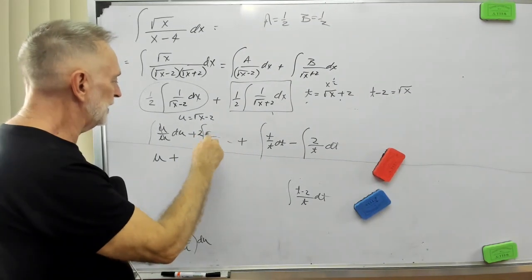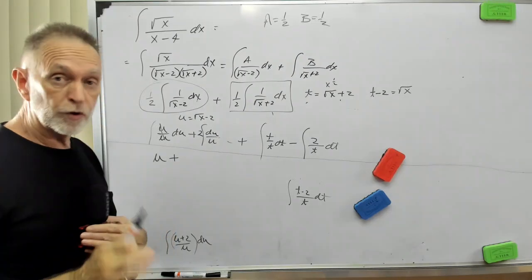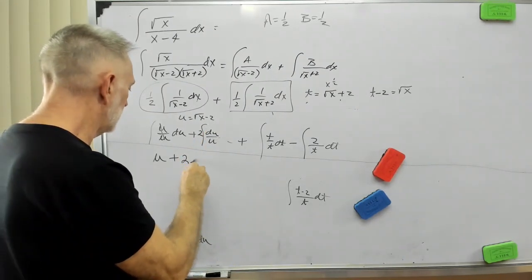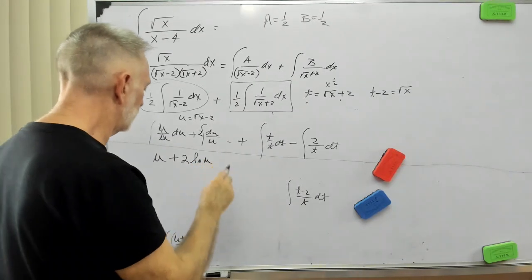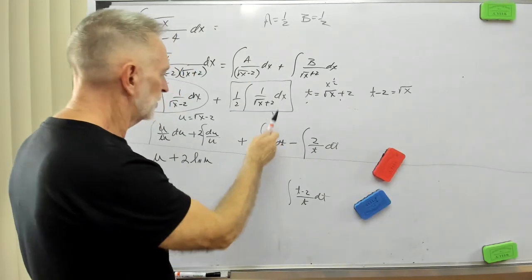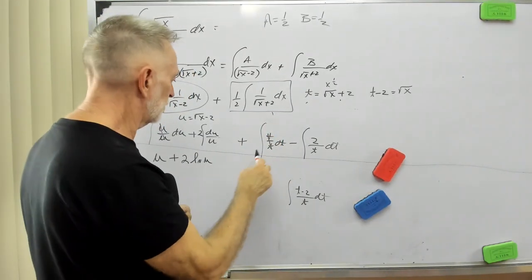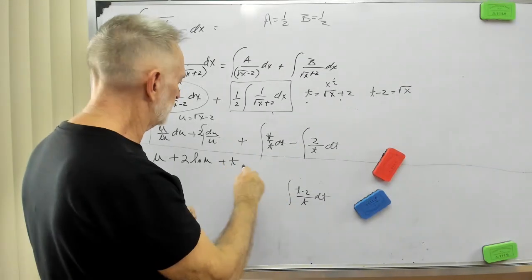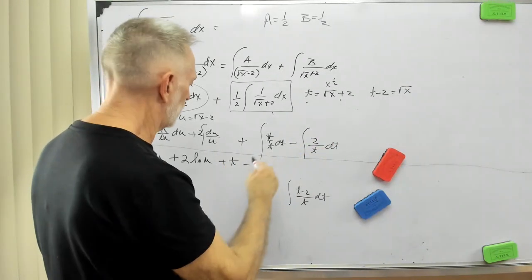Now I have the integral of du over u, which is what? Natural log u. So I have 2 times the natural log of u. Same scenario here. This is 1. The integral of dt is t, minus 2 natural log t.